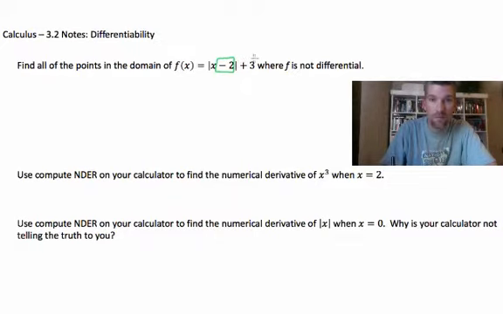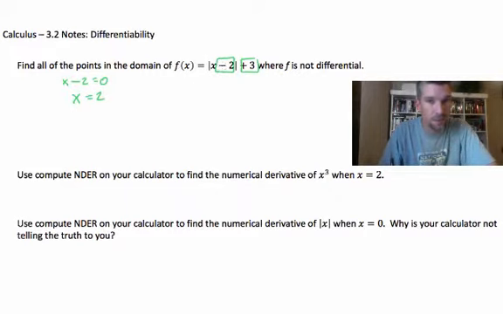So we need to figure out what our vertex is, and the -2 and the 3 are the giveaways for this. So think about inside the absolute value, what value of x makes a 0? If I just go, x minus 2 equals 0, what value does that give me? 2. And then think about this, when x minus 2 is 0, what value of y do I have? We're looking at a vertex at the point 2, 3.